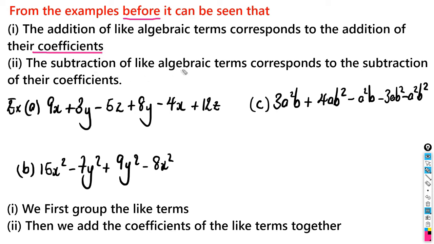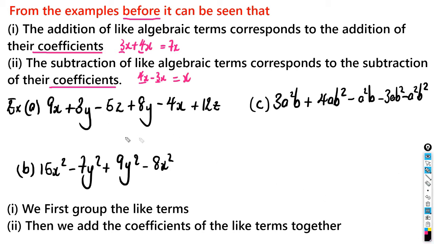And the subtraction of algebraic terms corresponds to the subtraction of their coefficients. So let's do an example. If we have 3x plus 4x, we'll add the coefficients, which is 3 and 4, and we'll get 7x. And if we subtract 4x minus 3x, we subtract the coefficients, which is 3 from 4, and we get x, right?